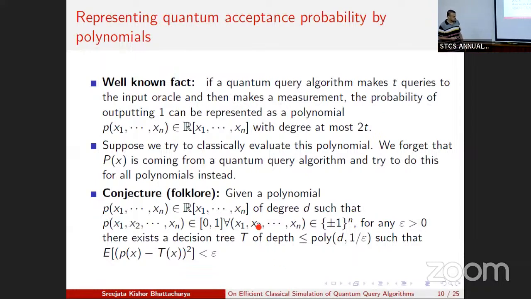Then given any epsilon, the error parameter, I can find a decision tree of depth that is not too big, that is polynomial in d and 1/epsilon, such that it approximates p up to L2 error at most epsilon. This is a folklore conjecture. It was made around 20 years ago, and I don't know the first paper where it arises.